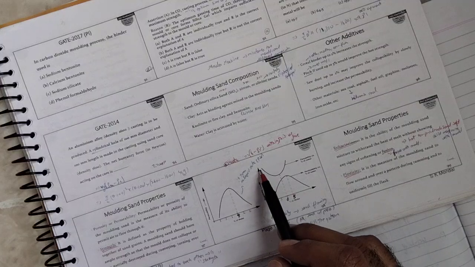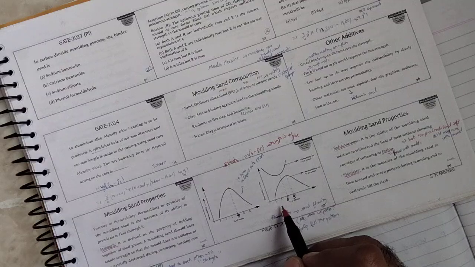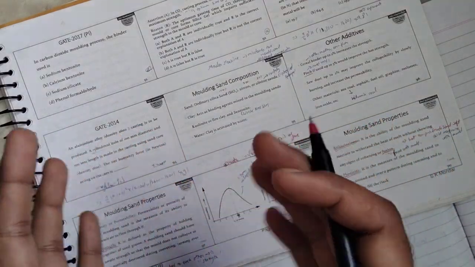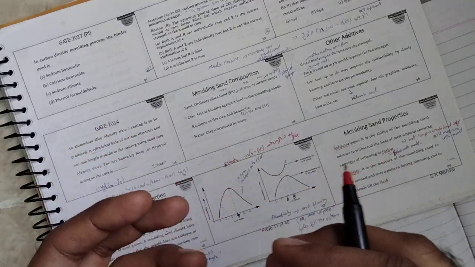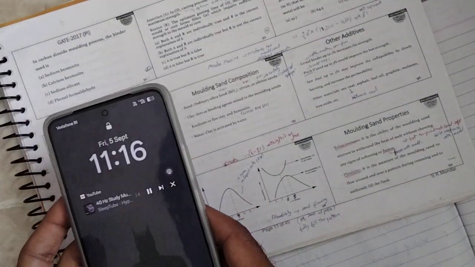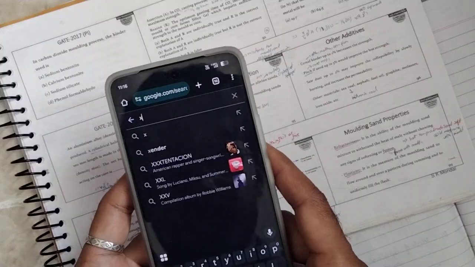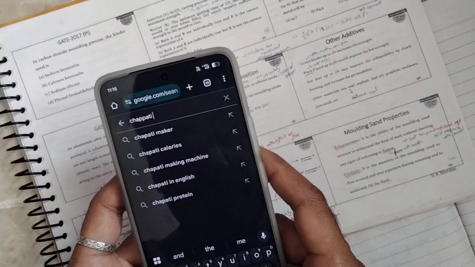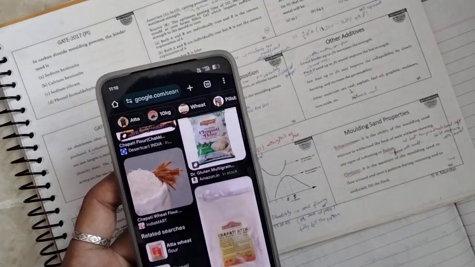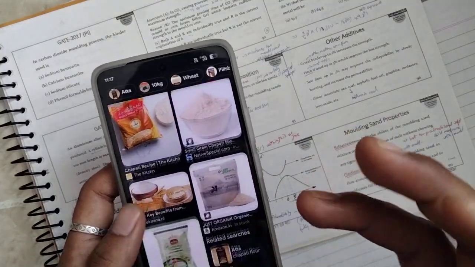So next thing is flowability. At the beginning, whenever the water is less, for example chapati flour, if you add a little bit of water, you can see how it behaves. So guys, whenever you add an extra amount of water, you can see that round shape will come.